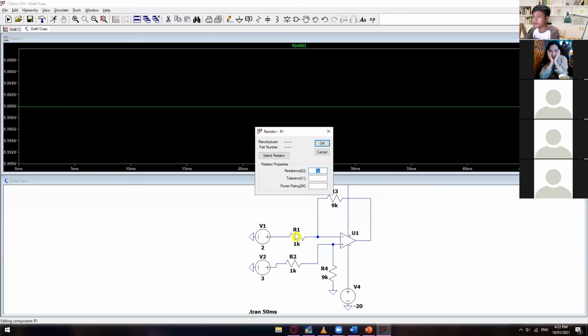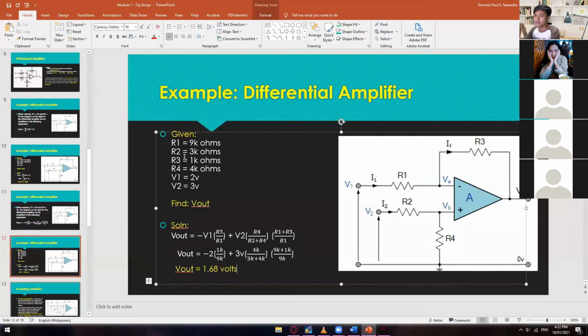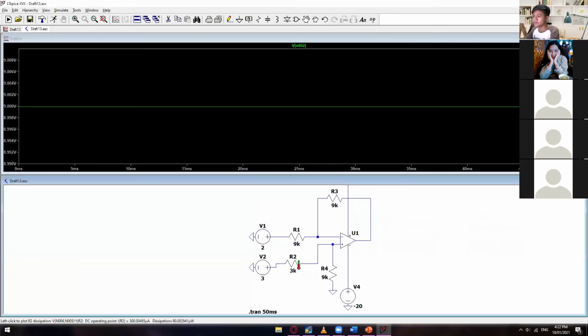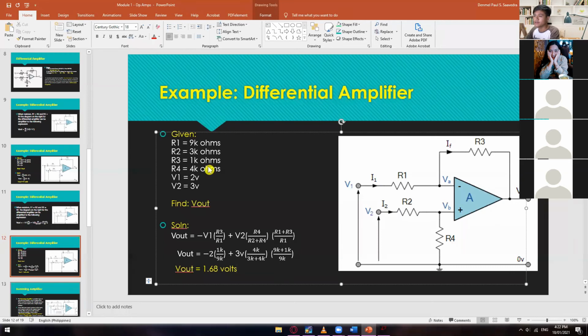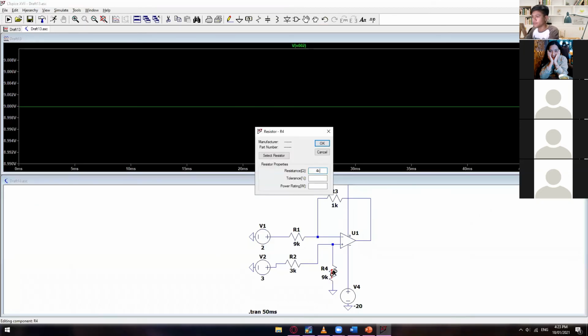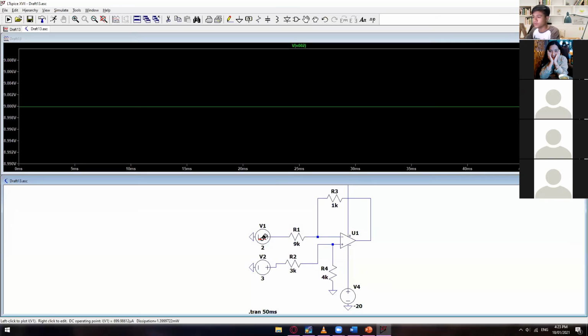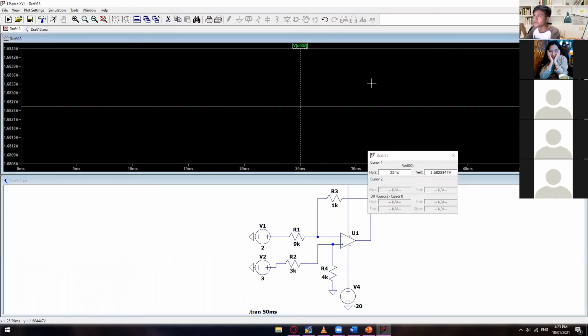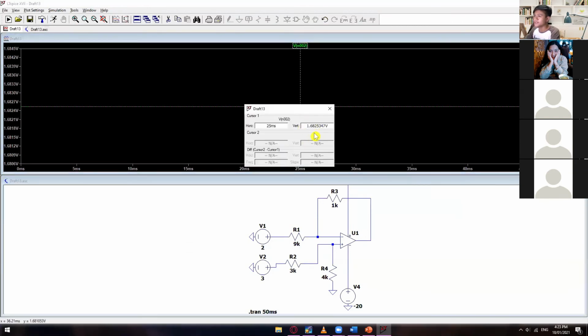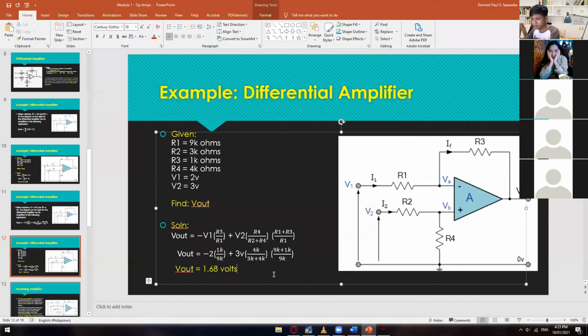So 9K for R1, R2 is 3K, R3 is 1K, R4 is 4K, and V1, V2 are 2 volts and 3 volts, and then find V out. So let's see. There you go. We have here 1.68.